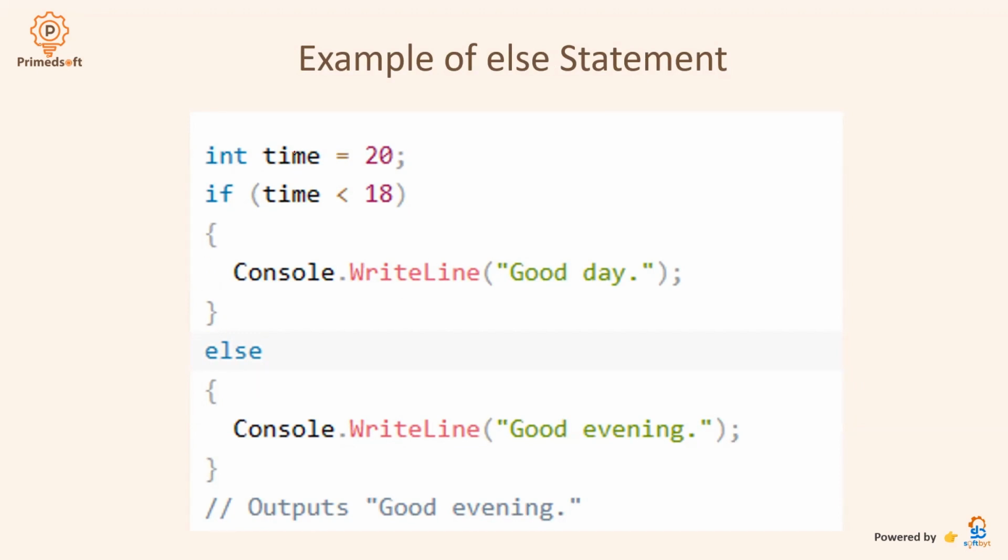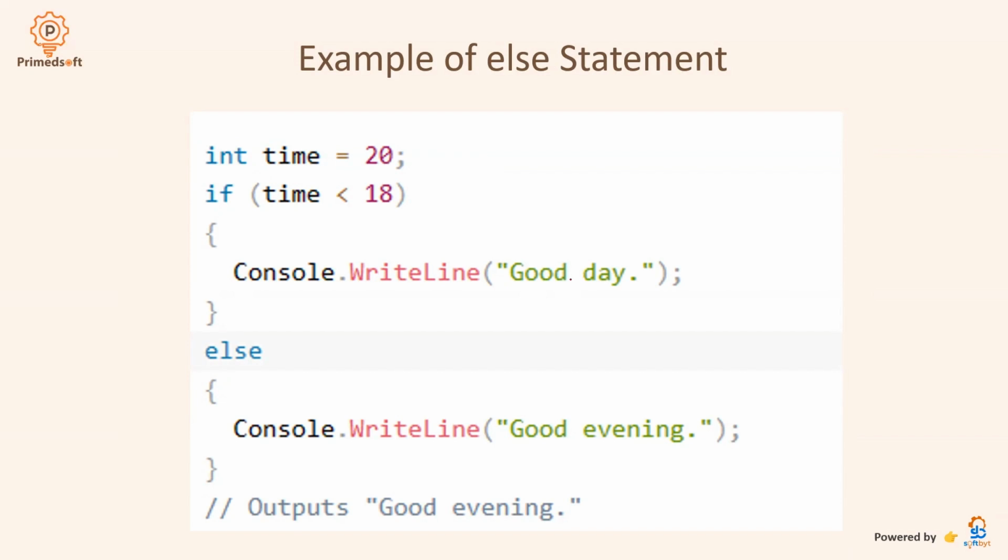But as you can see, the time that is stored in this variable is 20. So the time is not less than 18, is it going to print good day? Anybody? Yes. Is it going to print good day?